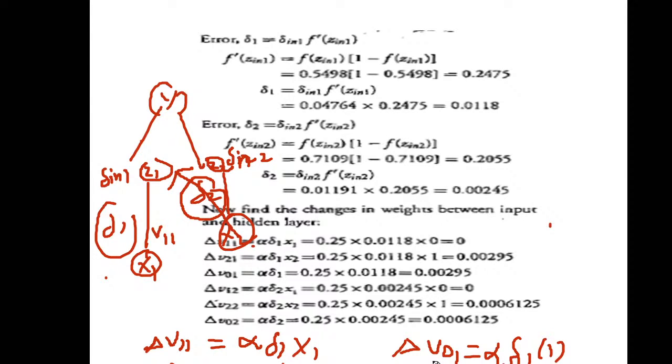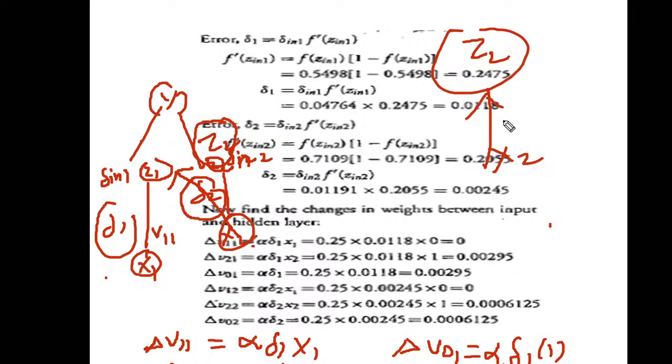This will be the formula. Similarly on Z2, from X2 is coming V22, from X1 is coming V12, and there is one bias, V02.